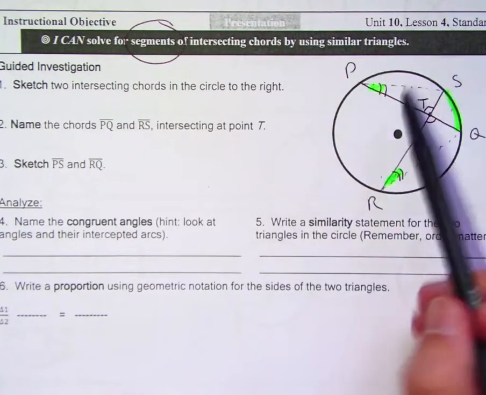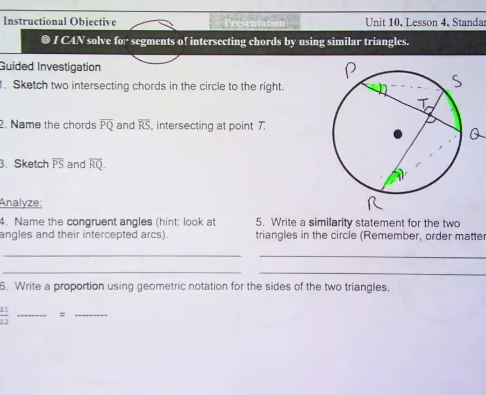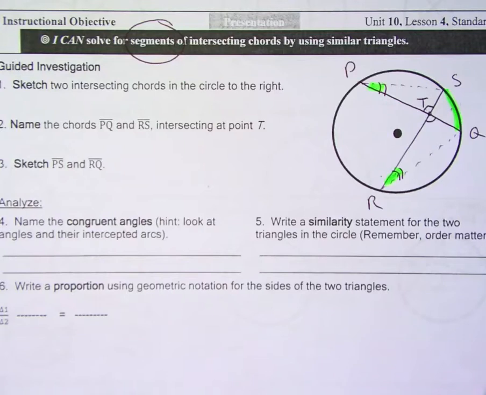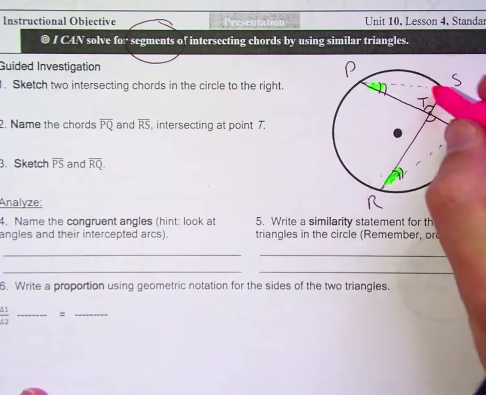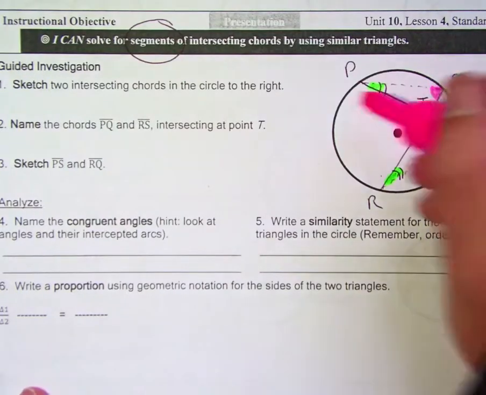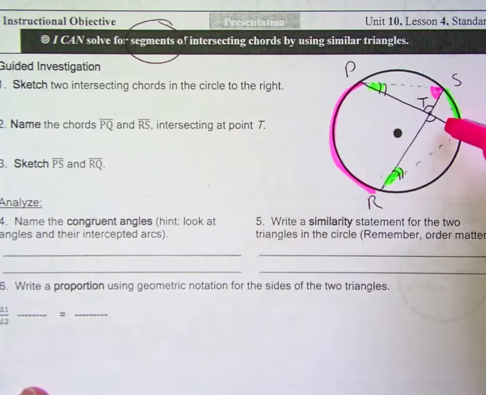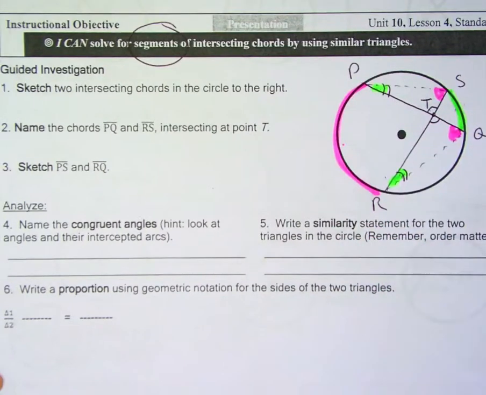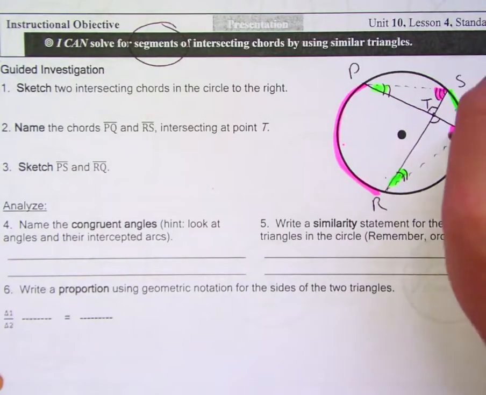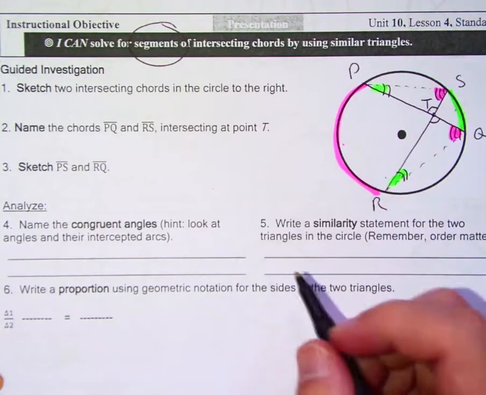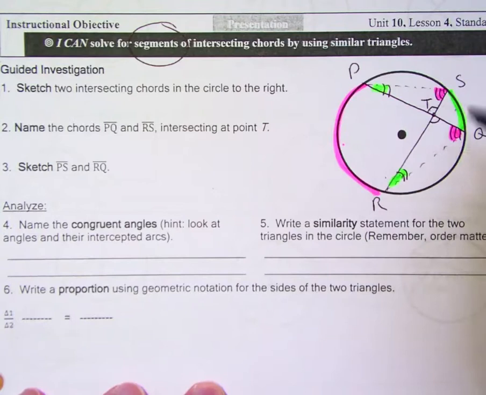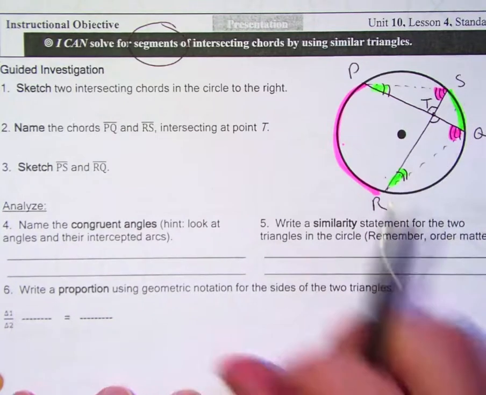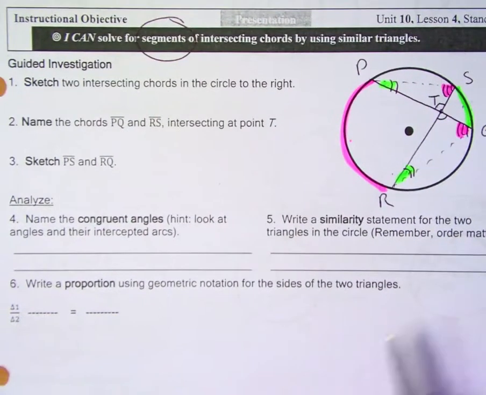I can stop right there and just say by angle, angle, these two triangles are similar. Or you can go one more step and say angle S intercepts arc PR and the inscribed angle Q intercepts the same arc. They're both half of that arc, and since they're half of the same thing, they must be the same angle. So these are two similar triangles, so I can say a few things.